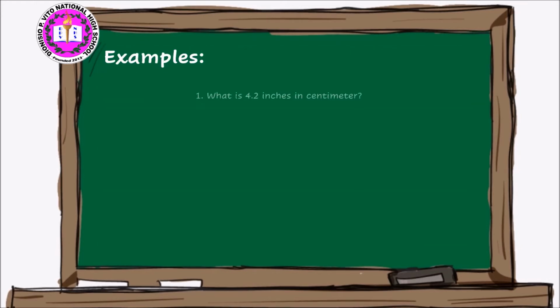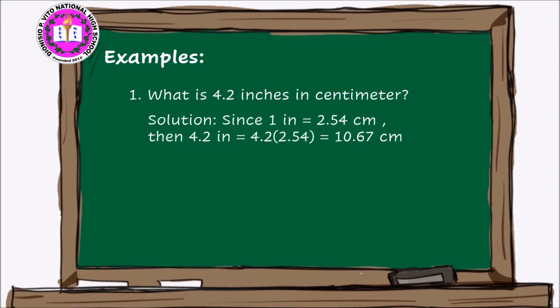For example, what is 4.2 inches in centimeters? So our solution: since 1 inch is equal to 2.54 centimeters, then 4.2 inches equals 4.2 times 2.54, which is equal to 10.67 centimeters.